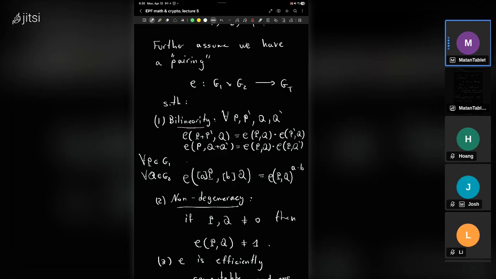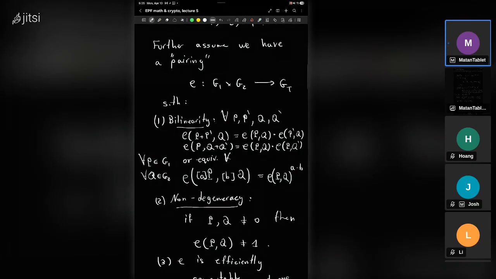Or equivalently, and this is a small exercise to see that these two definitions are equivalent, that for any a and b, you get this property. Okay? Is this answering your question, Lee?